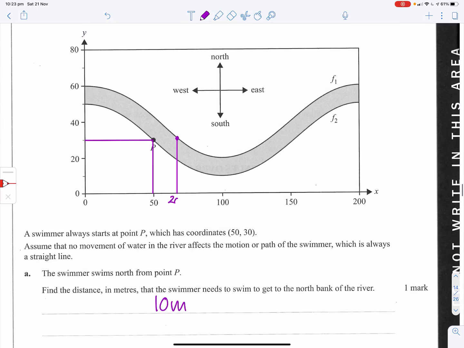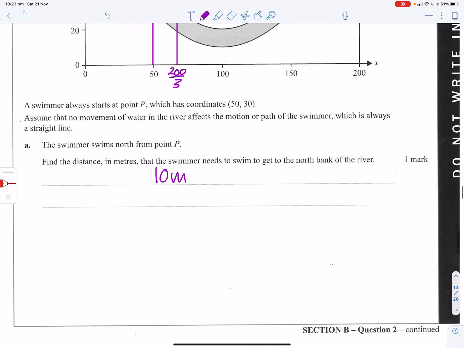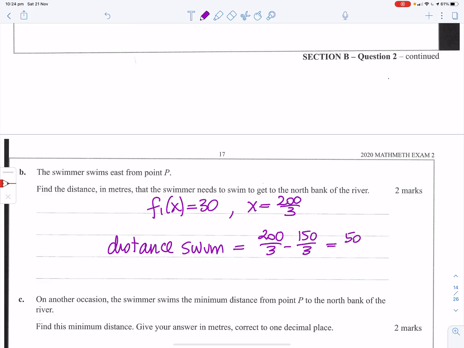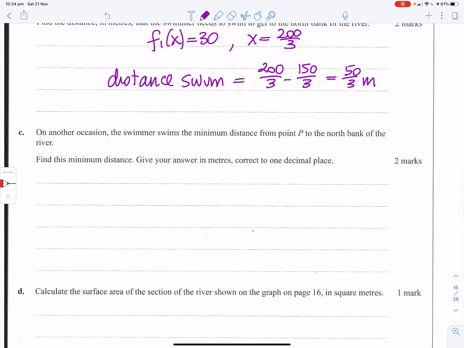So that's what this value here is. Therefore, distance swum is 200 on 3 minus 50, which is 150 on 3, which is 50 on 3 meters.